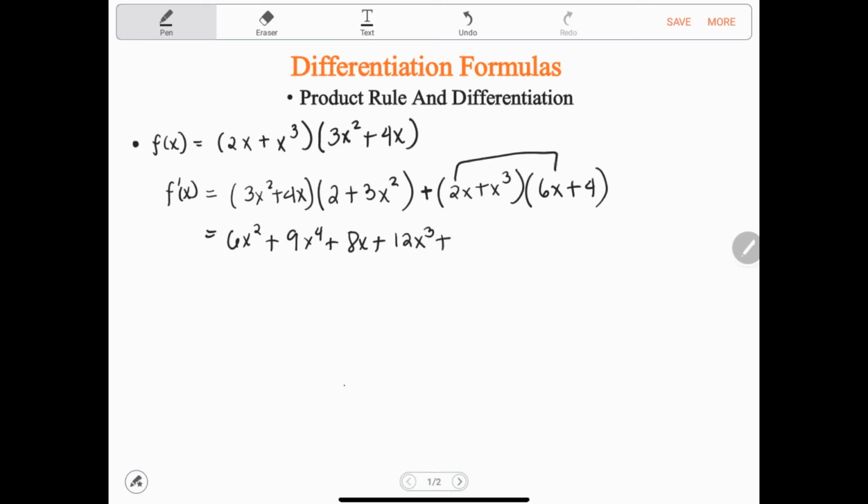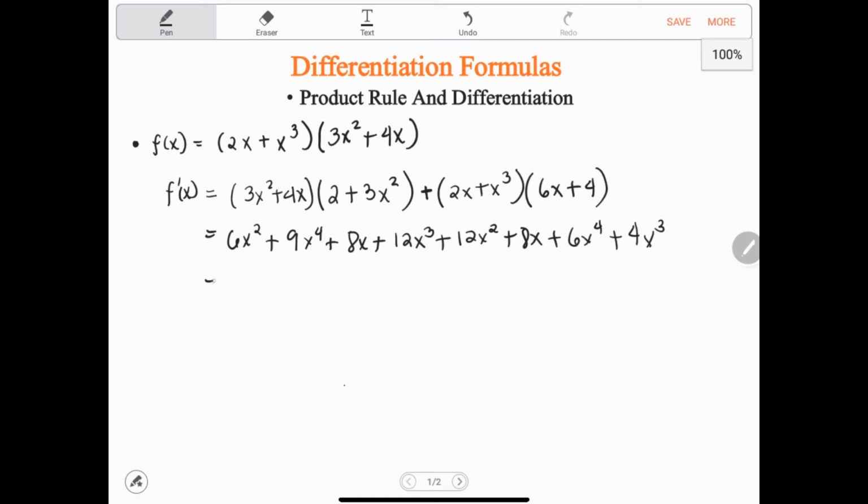Plus 2x times 6x is equal to 12x squared. 2x times 4 is equal to 8x. x cubed times 6x is equal to 6x to the power of 4. x cubed times 4 is equal to 4x cubed.